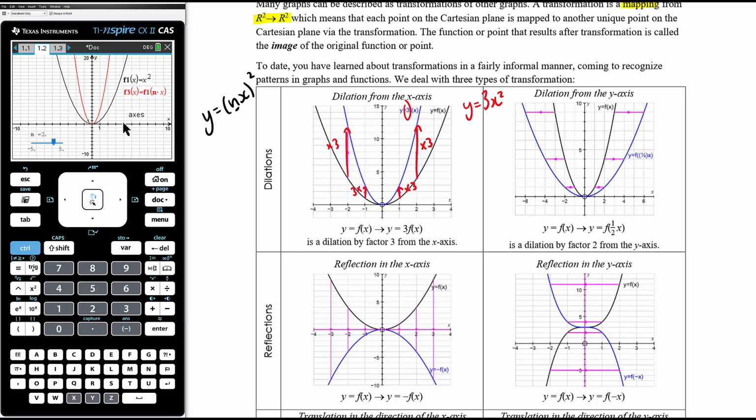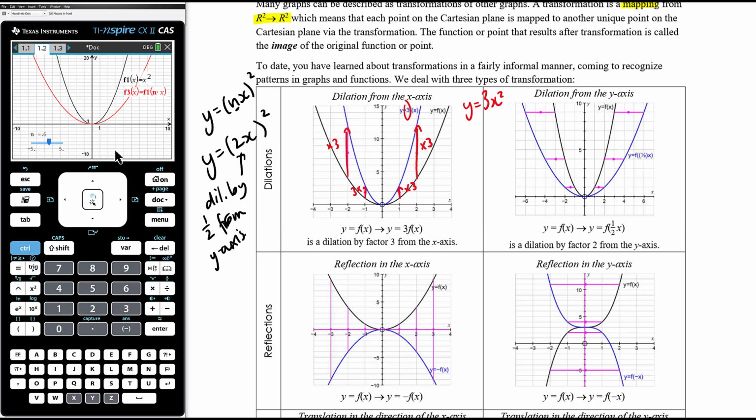If the n value is 2, so y equals 2x all squared, the 2 is a dilation by 1/2 from the y-axis. Okay, so the reciprocal of that number is the dilation factor. So you'll see what happens if I make n a fraction.